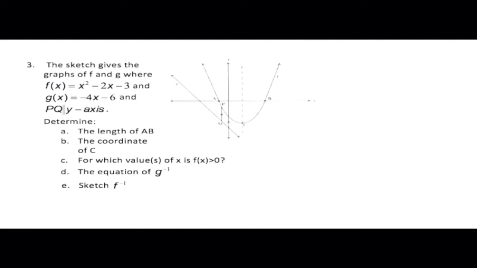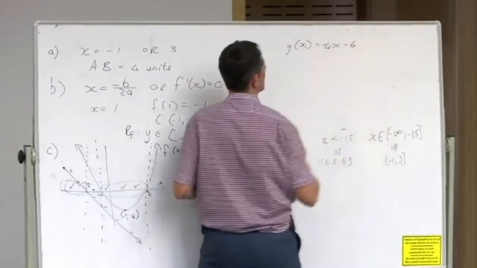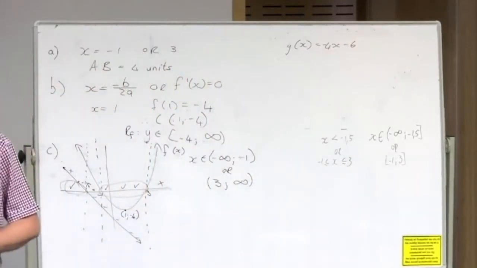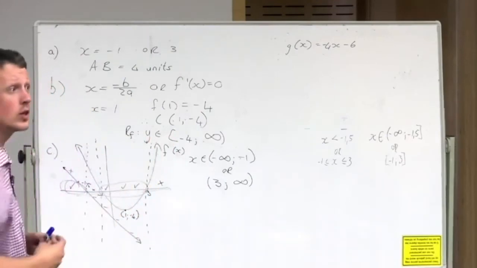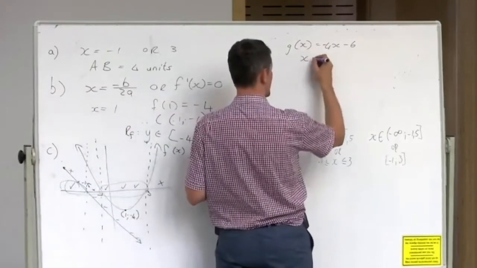If I look at g of x equal to negative 4x minus 6, how do I determine the inverse of that? Swap the x and the y. Okay? So in other words, x equal to?